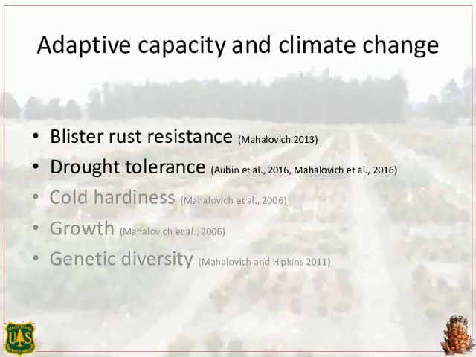And 6 years ago, we began to also address drought tolerance because we wanted to fill in some missing information gaps to characterize the adaptive capacity of whitebark pine to better inform management decisions, assist us in our vulnerability assessments, and allow me to go back and take a hard look at the genetics program and see if we needed to make any mid-course corrections. So in the interest of time, I'll only talk about the blister rust resistance and drought tolerance this afternoon.